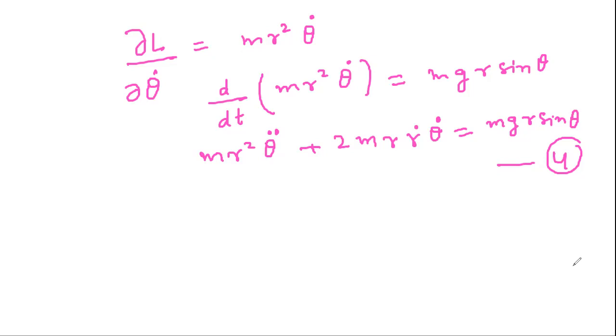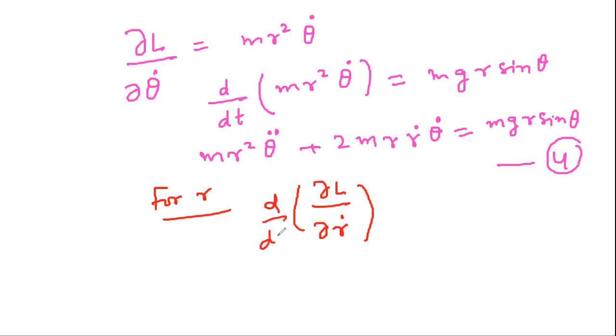Now we will find the Euler-Lagrange equation for r. So for the r variable, I have to find dou L by dou r dot, then differentiate that with respect to time and equate that with dou L by dou r.